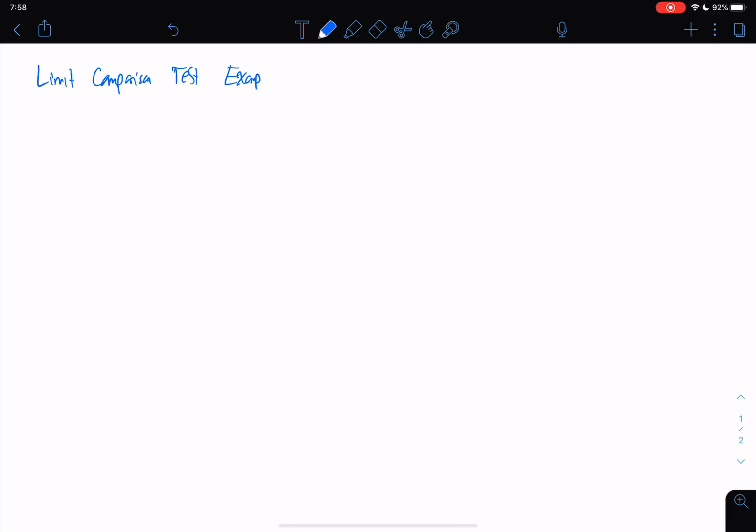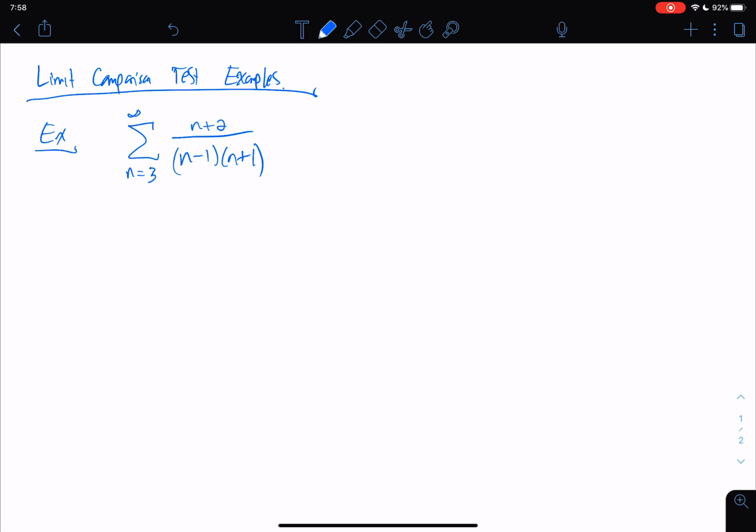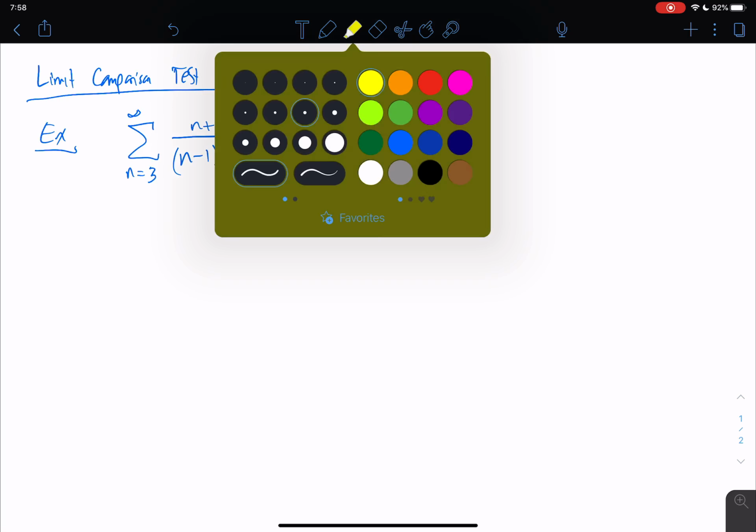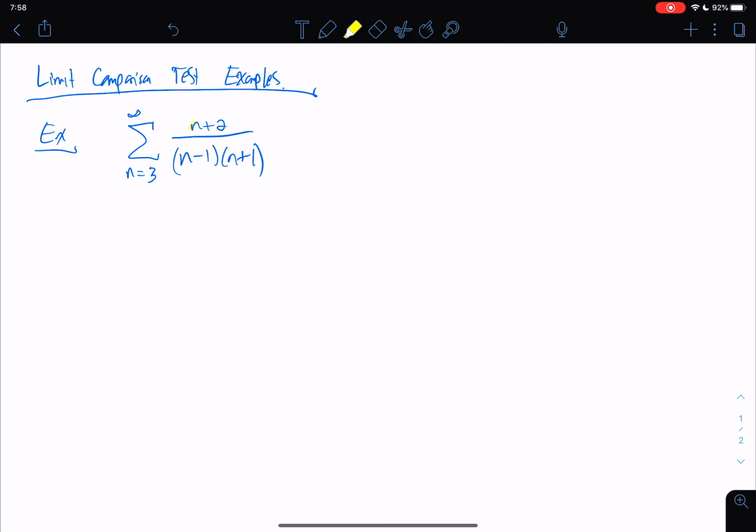What I'm inspired by in this little mini conversation is that we saw in class that if I were to take a look at something like this series from, say, 3 to infinity of n plus 2 over n minus 1 times n plus 1, what we see is that the largest term in the numerator is an n, and the largest power term in the denominator is the product of the n and the n, so that's an n squared.